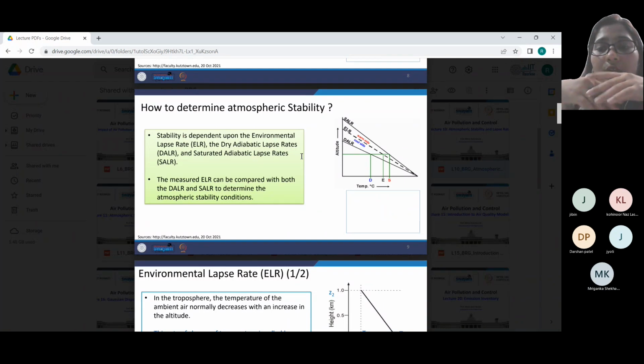The parcel's temperature will decrease. Just one assumption we made: the reduction in the heat, the reduction in the temperature, will happen adiabatically. What does adiabatically mean? There is no exchange with the ambient environment.